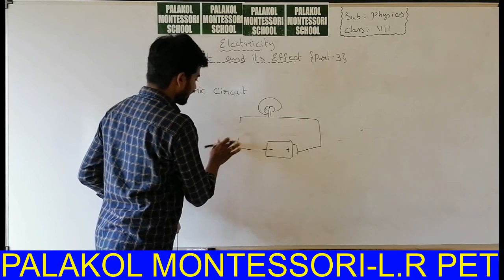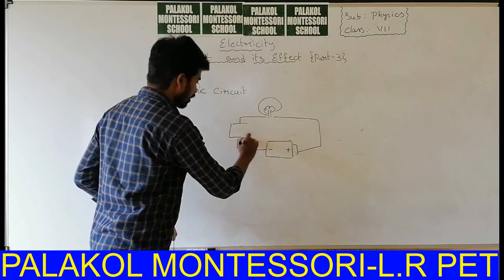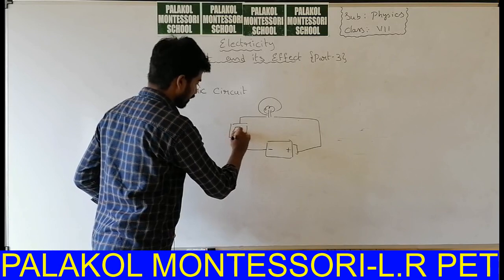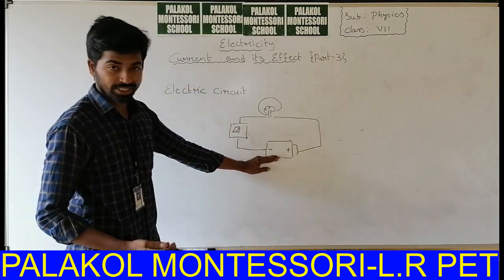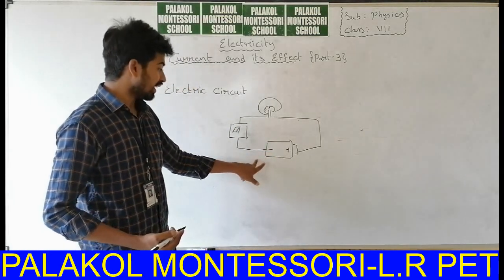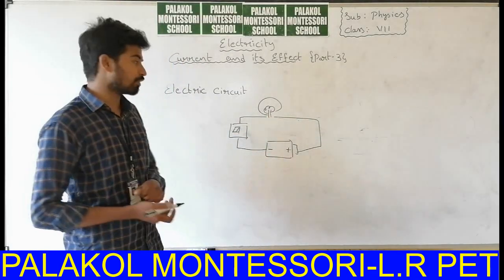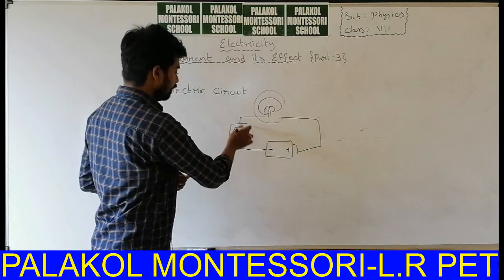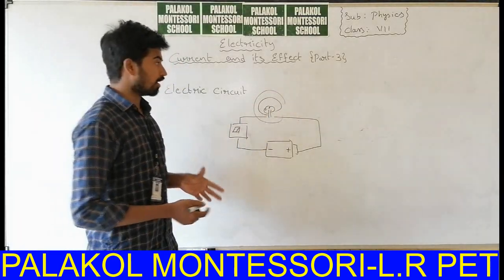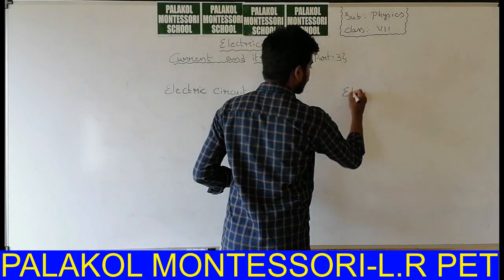So, this is the electric circuit. An electric circuit is a closed connection between the terminals of the battery through the electric components. We will call the bulb, switch and battery electric components.